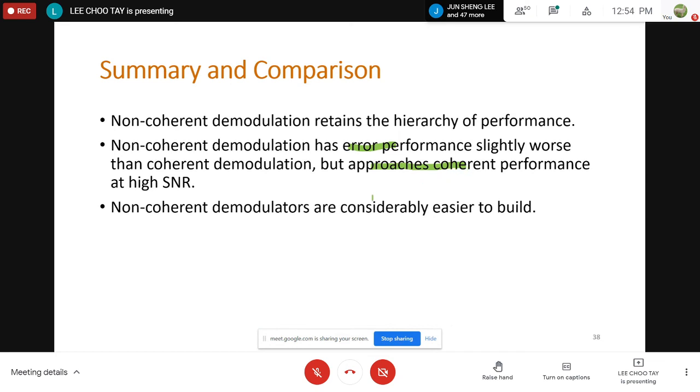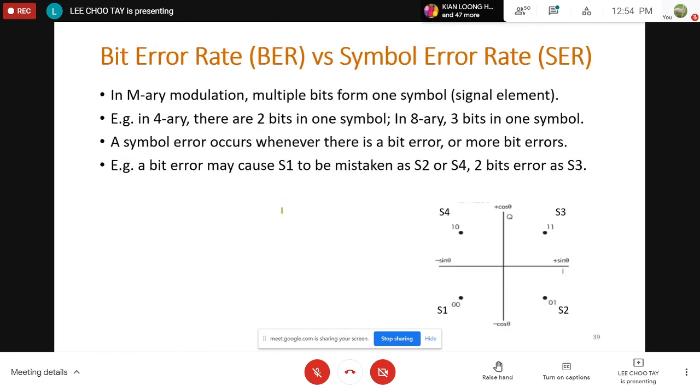All right, and as for non-coherent demodulators, they are easier to build as compared to coherent demodulators. So we'll talk about this in chapter 7a. So we can always refer back if you need to clarify this statement. All right, so now, shall I talk about error rate and symbol error rate?